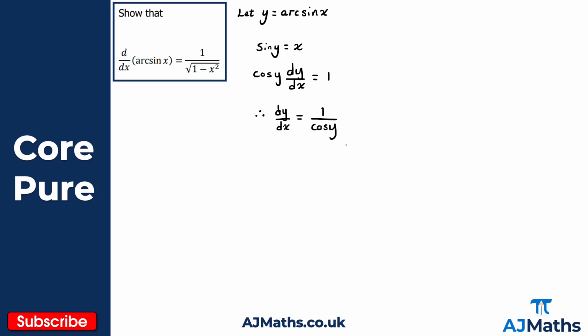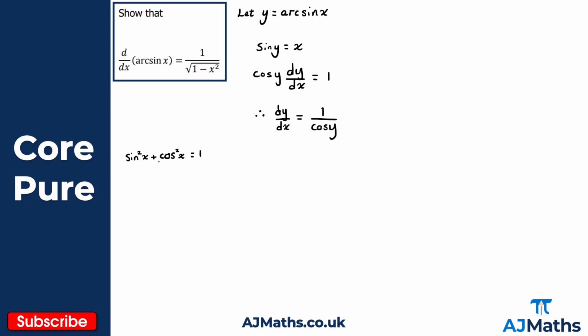Clearly at this point we're quite a bit off what we actually want, so how do we get the required form? To do that, we need to use trig identities. We know that sine squared x plus cos squared x is equivalent to 1.